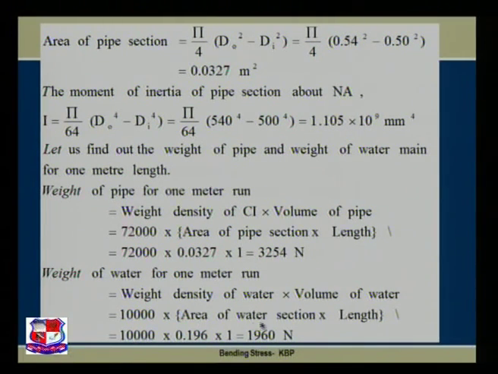Cross sectional area of water section is 0.196 and the length is 1 meter, and we achieve 1960 Newton. So, we achieve two things: weight of the pipe for 1 meter run is 3254 Newton, and weight of the water for 1 meter run is 1960 Newton.